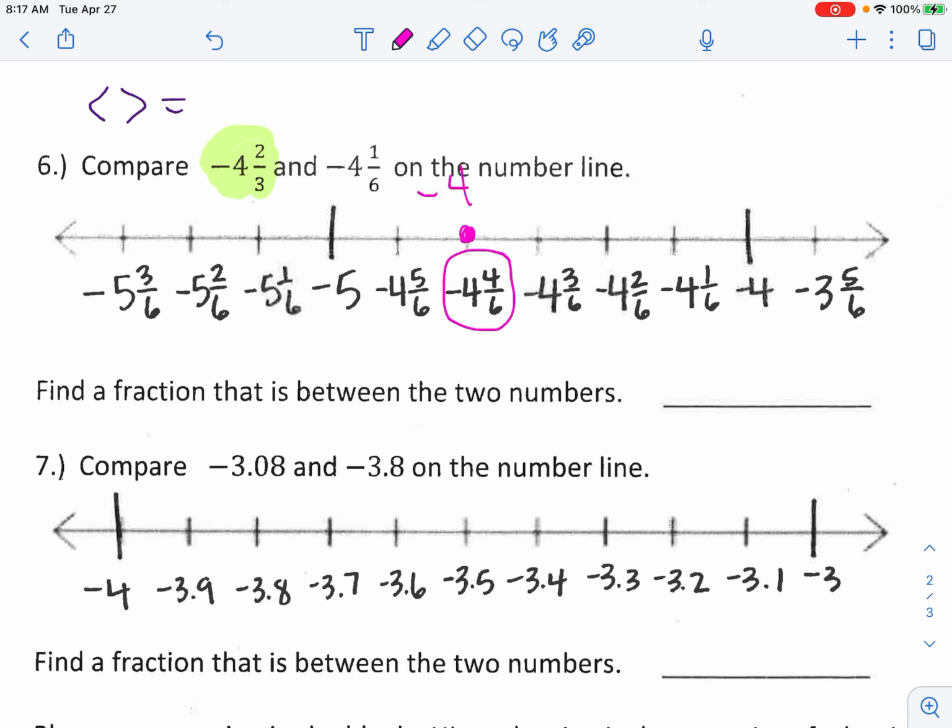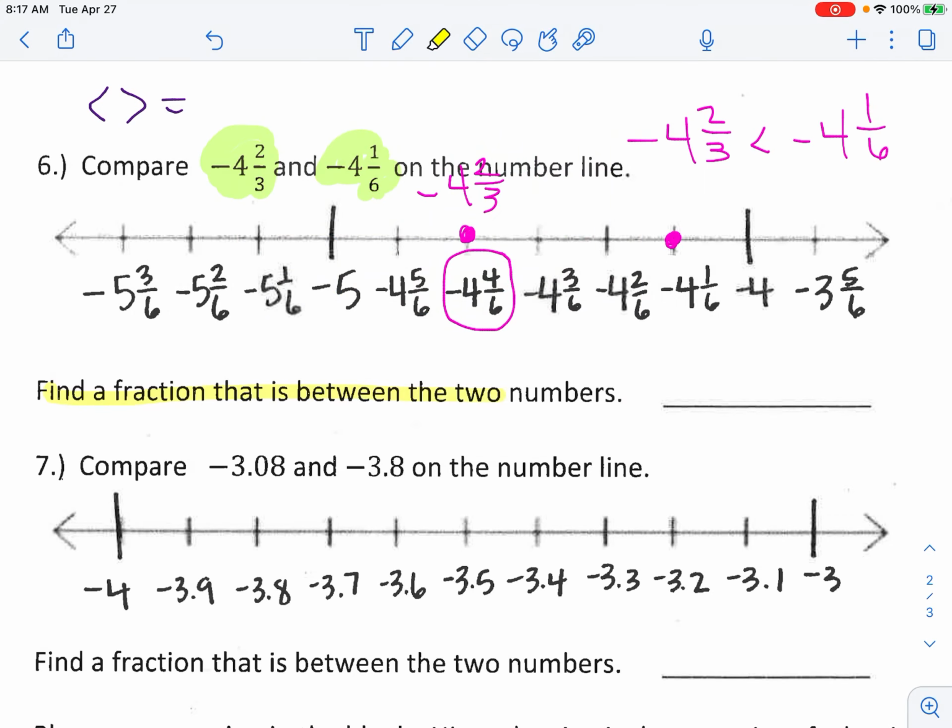So this one right here is equal to negative 4 2/3. The other number we're finding is negative 4 1/6, and that's clearly right here. If it says compare, we're going to say that negative 4 2/3 is less than negative 4 1/6.